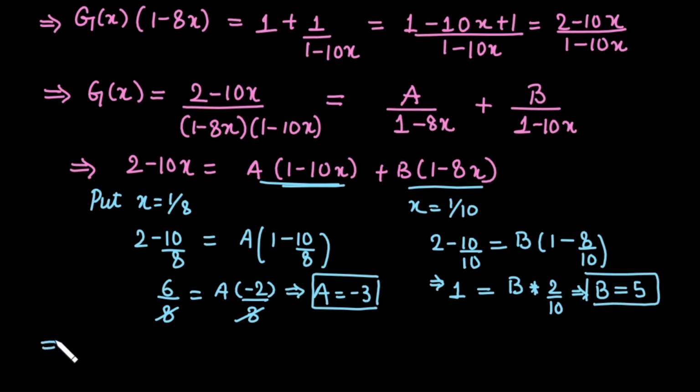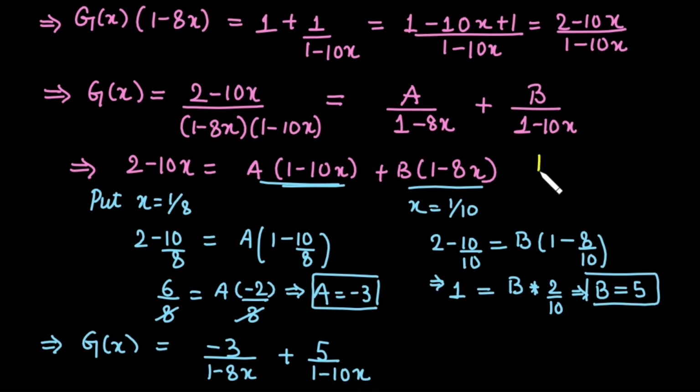We have g(x) is equal to minus 3 upon 1 minus 8x plus 5 by 1 minus 10x. Now recall that formula. Whenever we have 1 minus ax form, we can directly write it as a summation from 0 to infinity a raised to power n, x raised to power n.